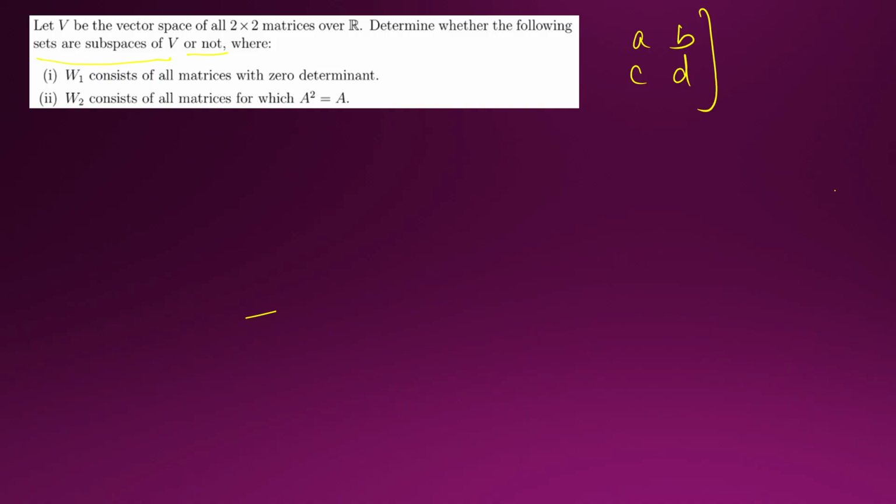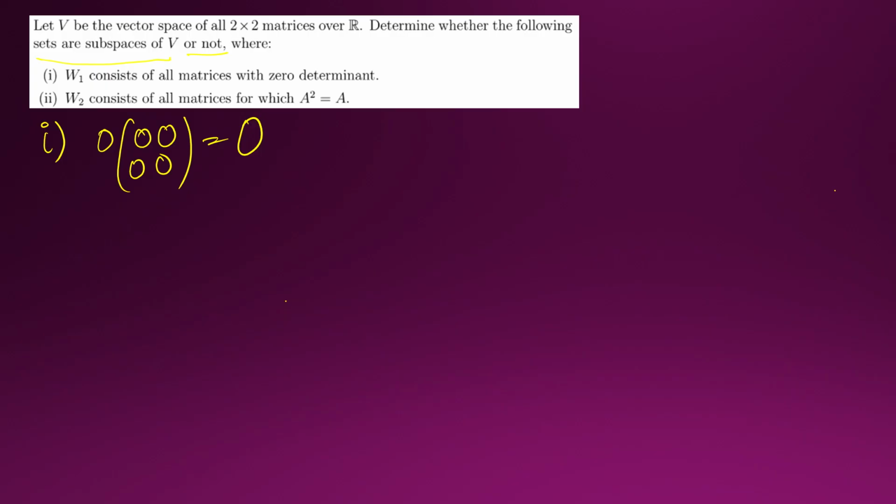So the first part says that W1 consists of all matrices with zero determinant. So your zero matrix (0, 0, 0, 0) has determinant 0. Therefore it belongs to W1.